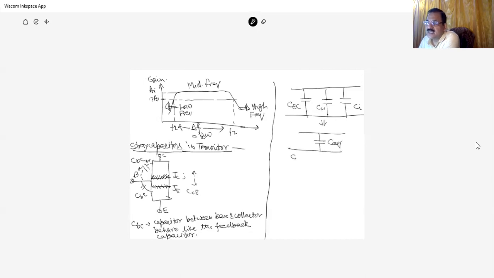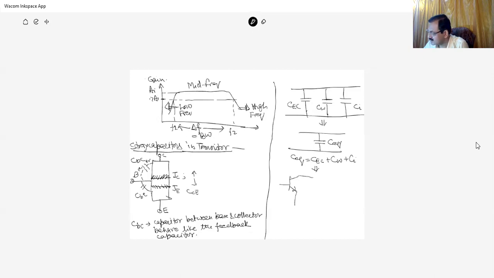So this C equivalent is nothing but CE plus C wire plus C input. And when it is connected to the transistor, the behavior is something like this.